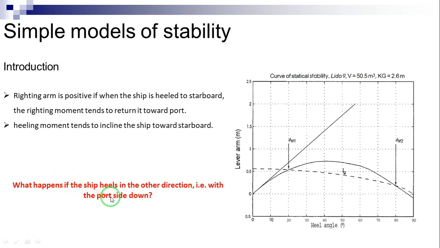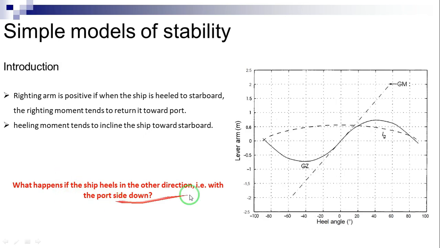Let us extend the curve of statical stability by including negative heel angles as in this figure. The riding arms corresponding to negative heel angles are negative. For a ship heeled towards port, the riding moment tends indeed to return the vessel towards starboard. Therefore, it has another sign than in the region of positive heel angle.